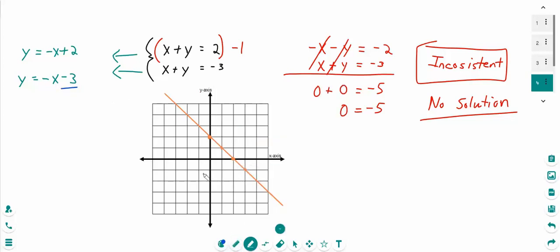So we have -3 is going to be here. And then we have a slope of -1, again, negative slope over 1. So -1 over 1 moves up 1 over 1, up 1 over 1, and so on. And then we draw that line. And yeah, we're looking at parallel lines here again. Okay? All right, very good.